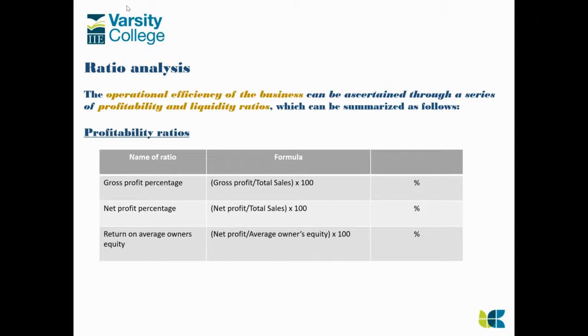All right. It shows us, okay, are our cost of sales really high? For instance, if we have a 15% gross profit percentage, it means 85% of sales has been consumed by cost of sales, which I think in any business is not ideal.